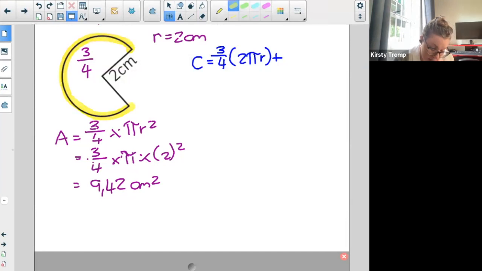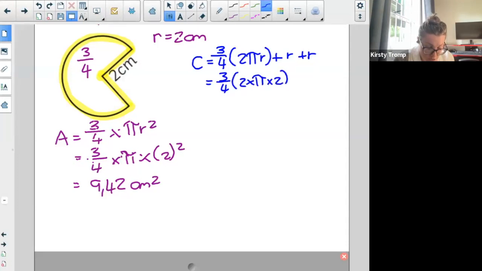That takes care of that. Plus what else is left? A radius plus a radius. So 3/4 times 2 times pi times 2, plus 2, plus 2. Go give me some answers.